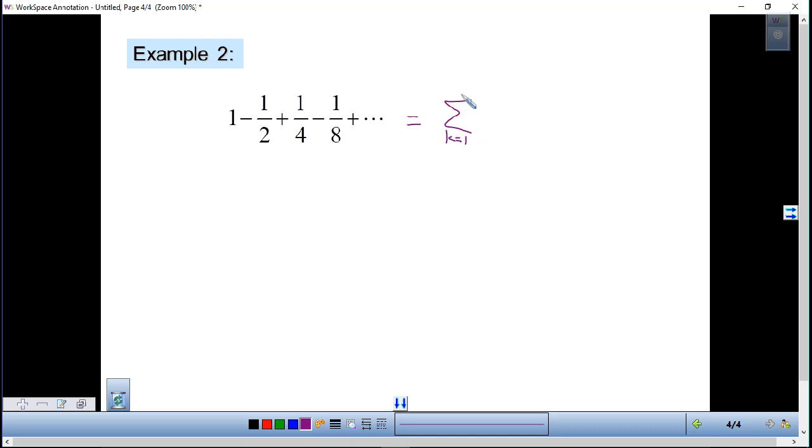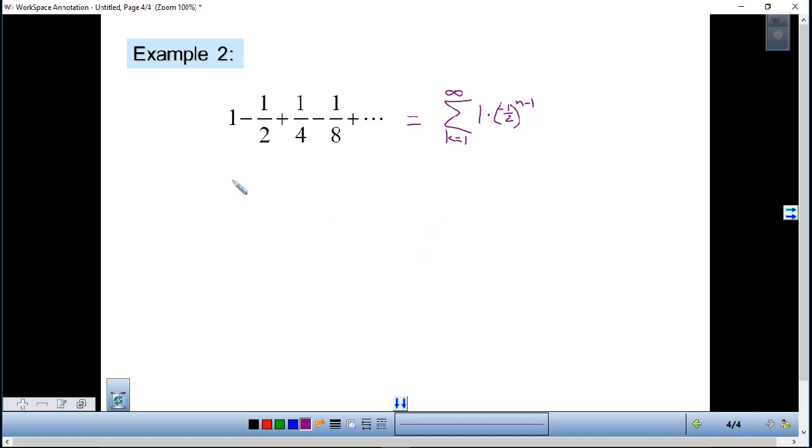So k equals 1 and it goes to infinity. And this is a geometric series again. What are we multiplying by to get from 1 to -1/2? And from -1/2 to 1/4, and from 1/4 to -1/8? Well, we know our first term is going to be 1, and we're multiplying by -1/2 to the n minus 1 power.